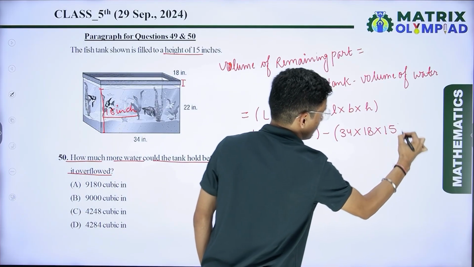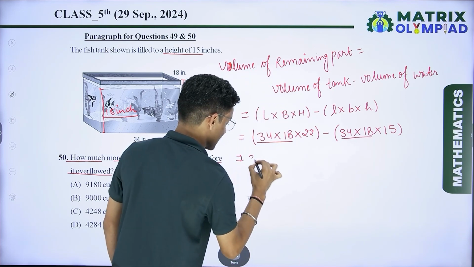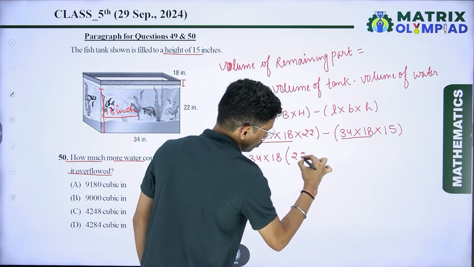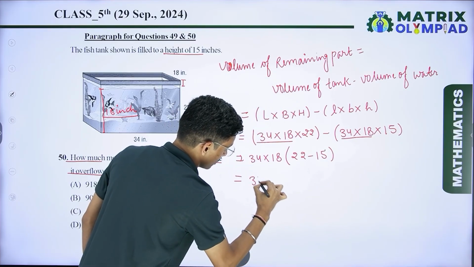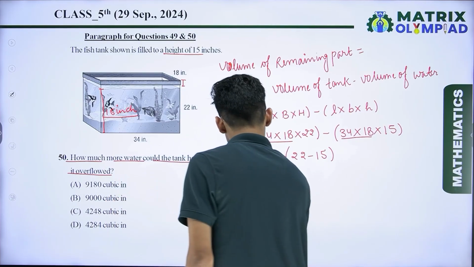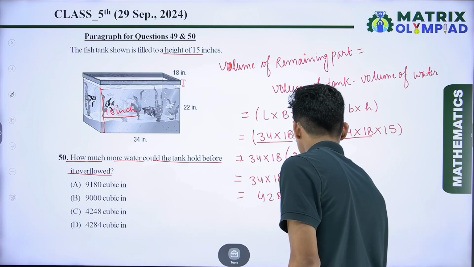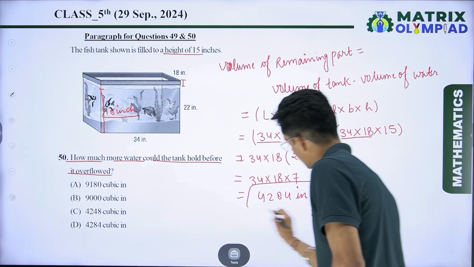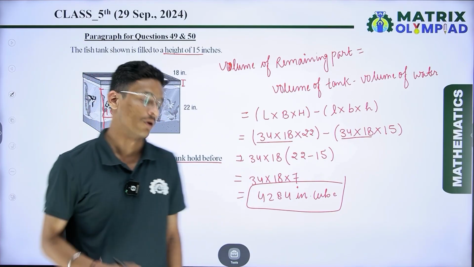If I take 34 and 18 common from both sides, then I can say 34 multiplied by 18 into the bracket 22 minus 15. So that is 34 multiplied by 18 multiplied by 7. If I multiply all these numbers, I get 4284 inch cube. So check which option is correct. 4284, option D is the correct answer over here.